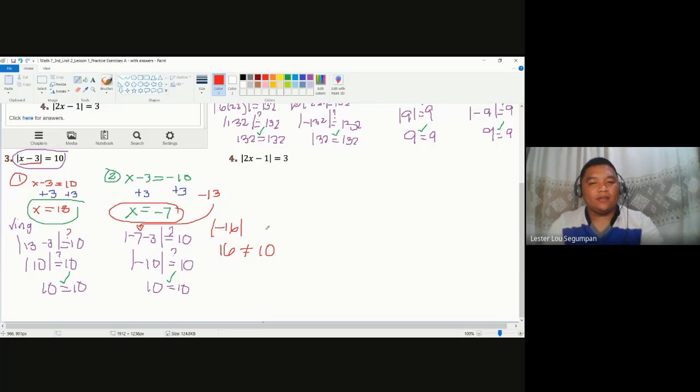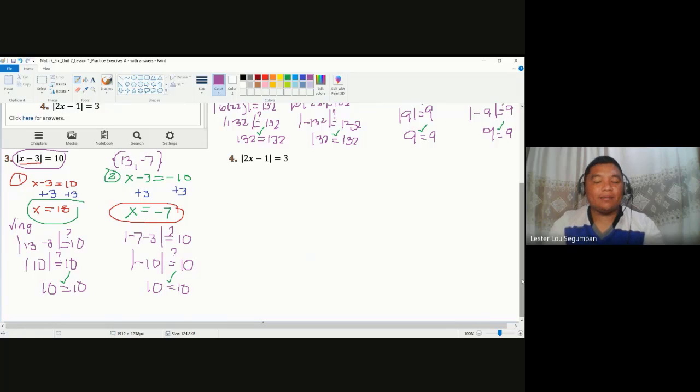So again, please review your integers. Now that we are sure of the two, the solution set contains 13 and negative 7, or vice versa, can be interchanged.